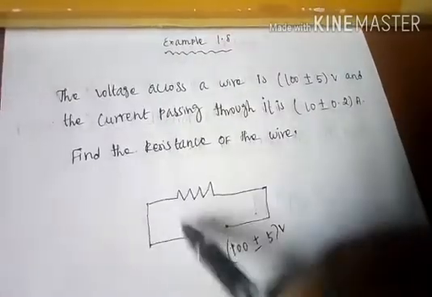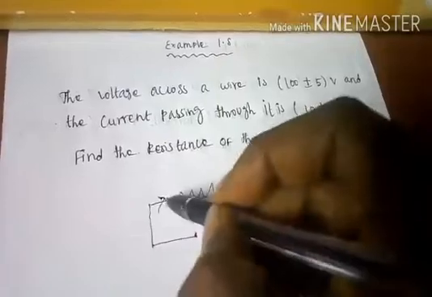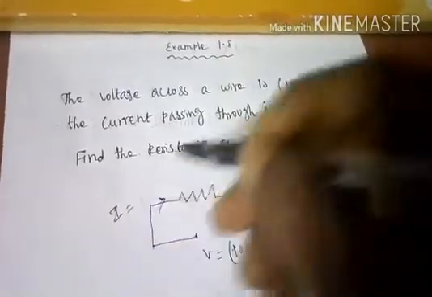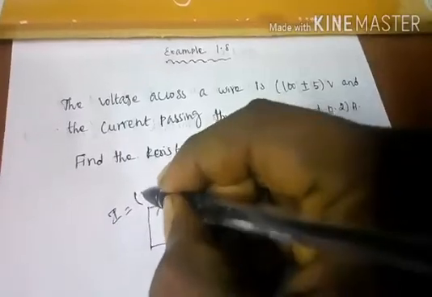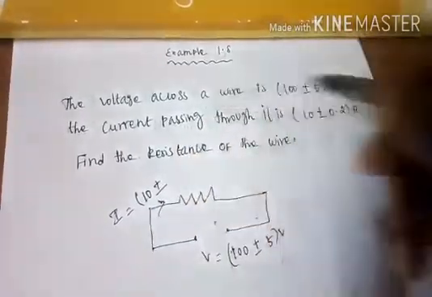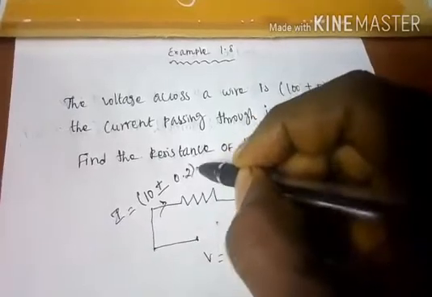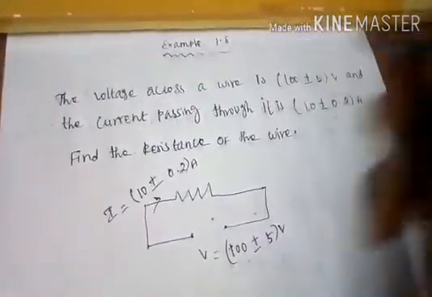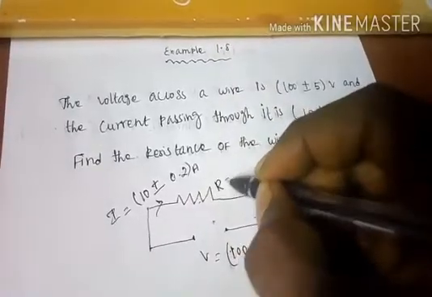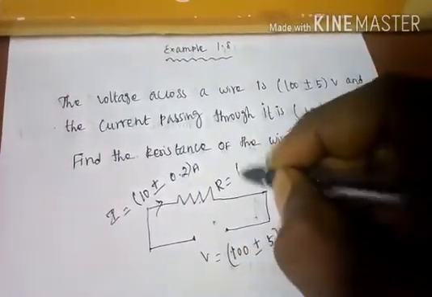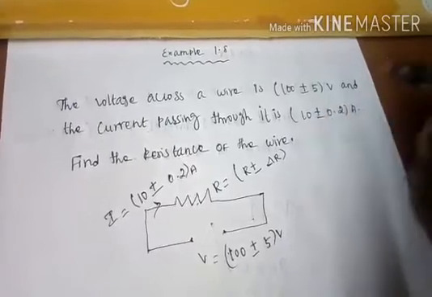Then the current passing through the circuit, I equal to, the value is 10 plus or minus 0.2 ampere. Then find the resistance. So this is the resistance value, R equal to R plus or minus delta R.